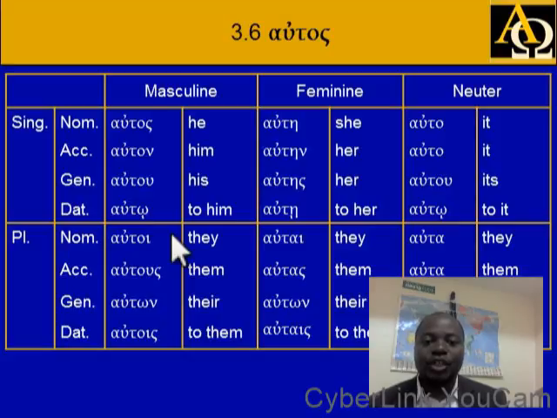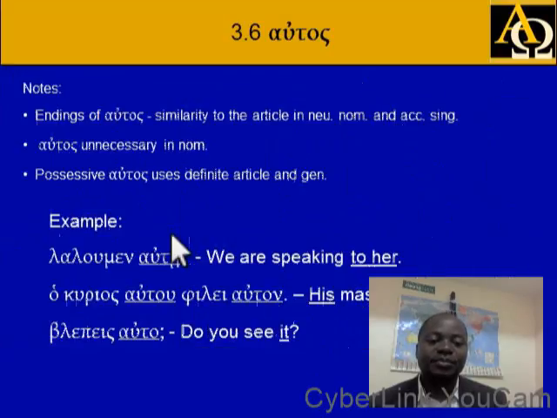She, her, to her. It, its, to it. Endings of autos are similar to the article in neuter, nominative, and accusative singular. Autos is unnecessary in nominative because the verb takes care of that. That's what I've already mentioned. Possessive autos uses the definite article and genitive.